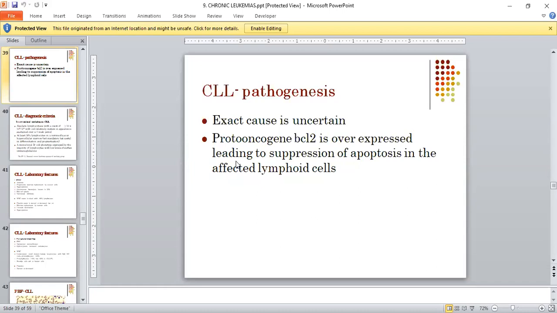So from this, you can tell that the BCL2 gene is responsible for the induction of apoptosis in the lymphoid cells that are produced with problems. So the lack of the programmed cell death leads to now these increased levels of the problematic lymphoid cells, leading to now this condition.